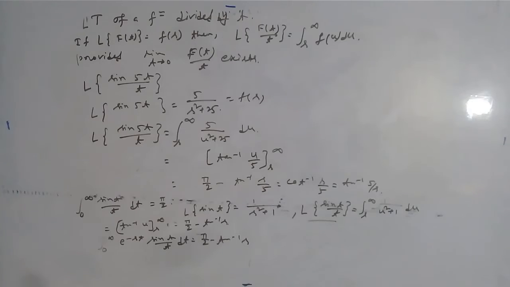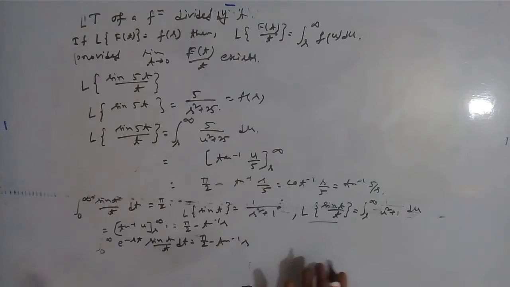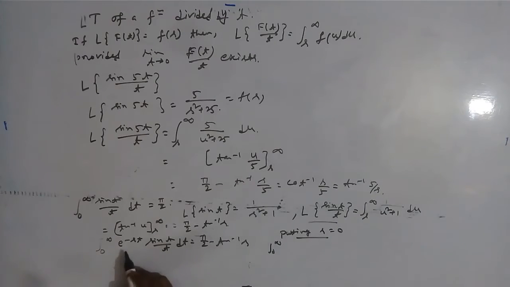Now putting s equal to 0 on both sides, we get the integral from 0 to infinity, e to the power 0 is 1, of sin t by t dt equal to pi by 2 minus tan inverse 0, which is 0.